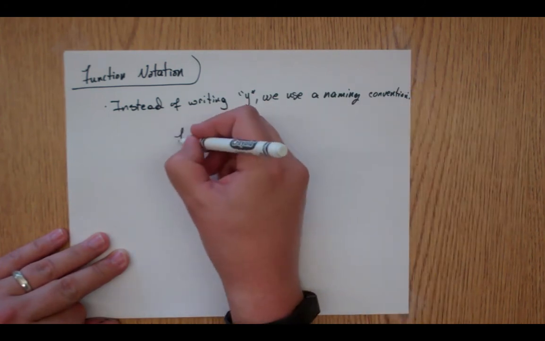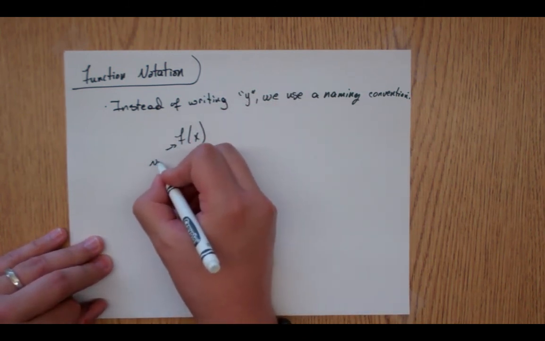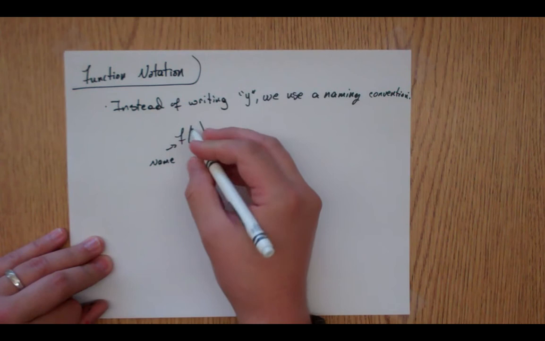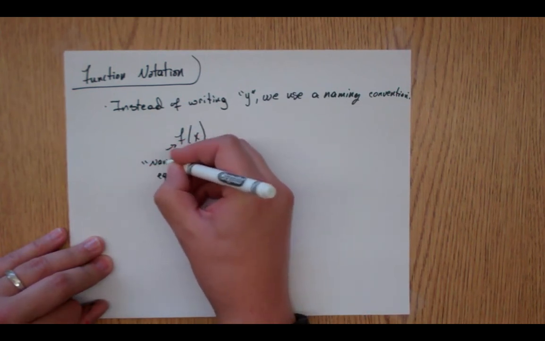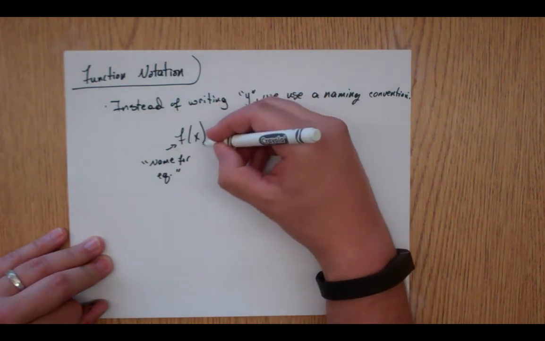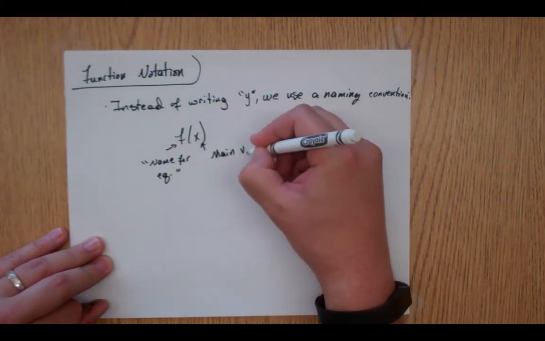We call it f of x. The f is the name for your equation, and then the x, that is the main variable.